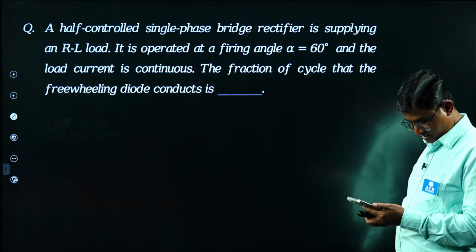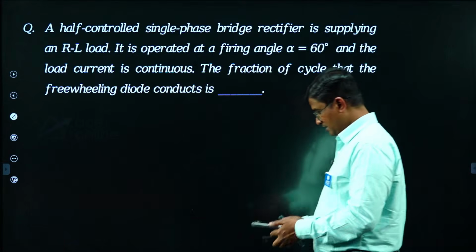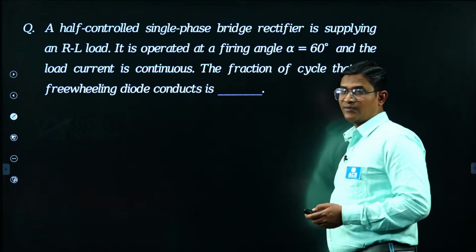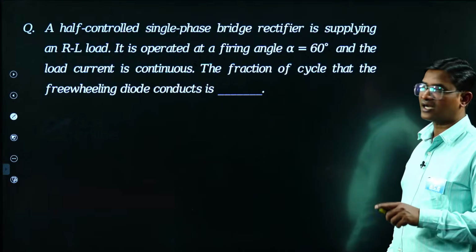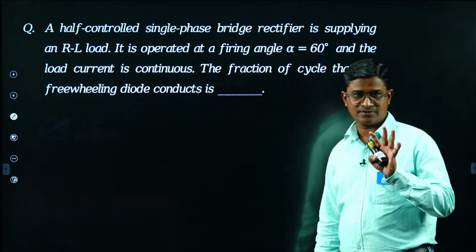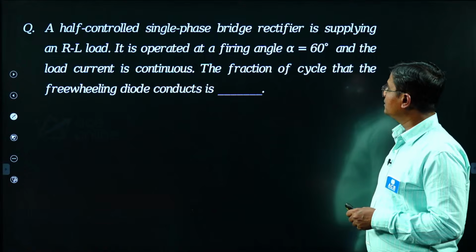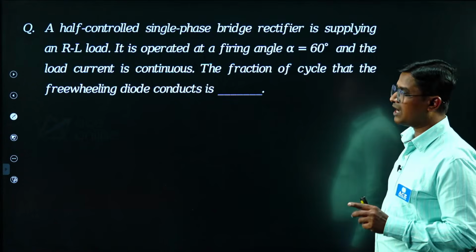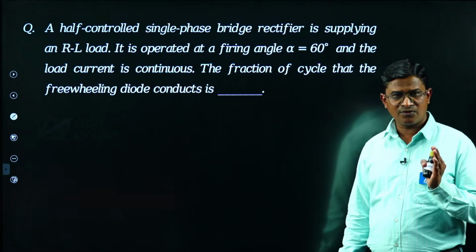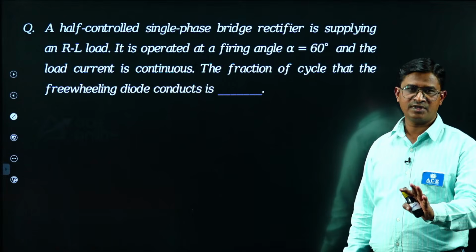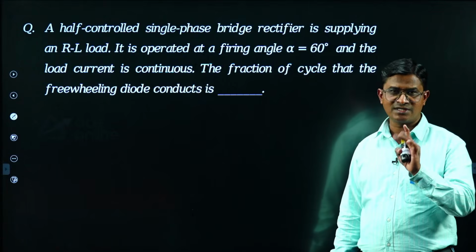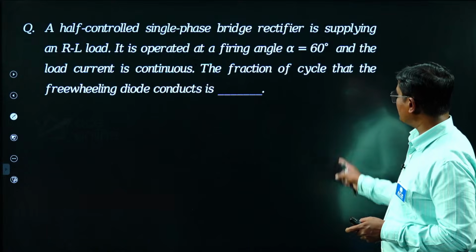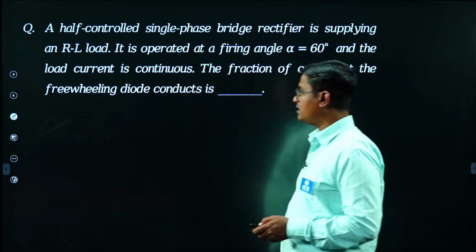Yes, 1/3. Good. Here they have given a single phase bridge rectifier, means 4 thyristors, and the load is a highly inductive RL load. RL load means by default you are required to assume it as highly inductive, because only highly inductive load is in the syllabus. Next, the fraction of cycle that the freewheeling diode conducts.